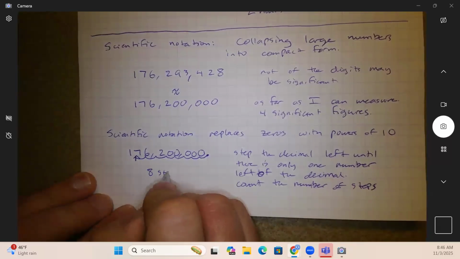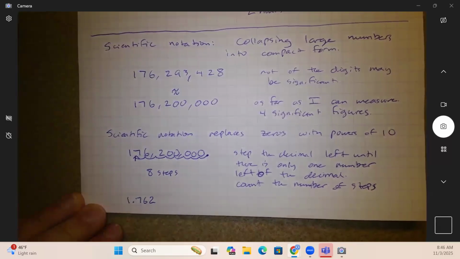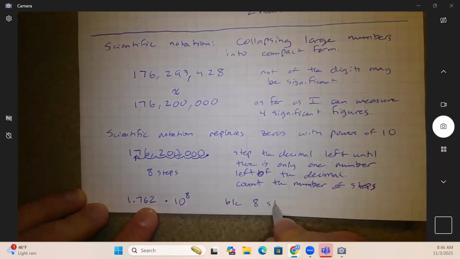There were 8 steps. So I rewrite my number as 1.762. I get to toss away all those extra zeros because they're not significant anymore. And then I multiply it by 10 to the 8th because I took 8 steps.